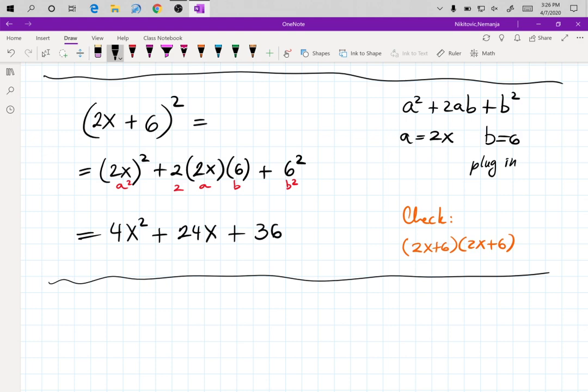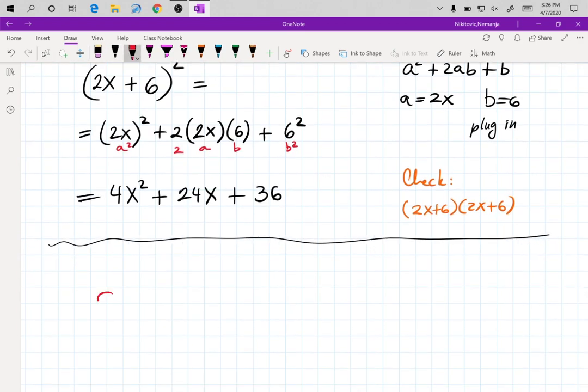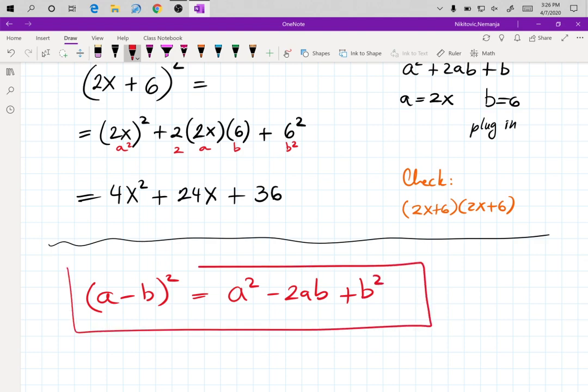Let's pick up another example from the book. Well, actually, let's work out the negative sign as well. If you have a minus sign, then your formula is a squared minus 2ab plus b squared. Also square of binomial.